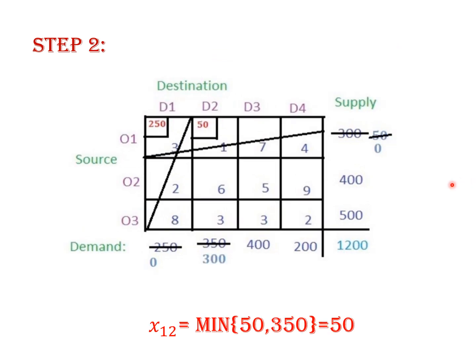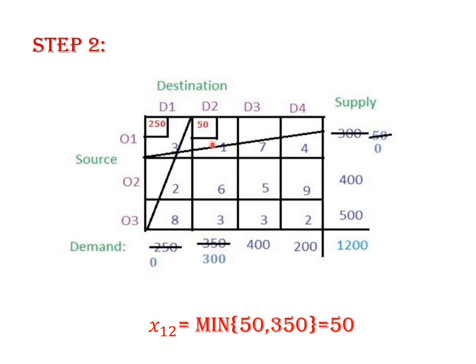Next, the northwest corner is the cell x12. We find the initial basic feasible solution for this cell: x12 is equal to the minimum of S1, D2, that is 50, 350. The minimum element is 50.